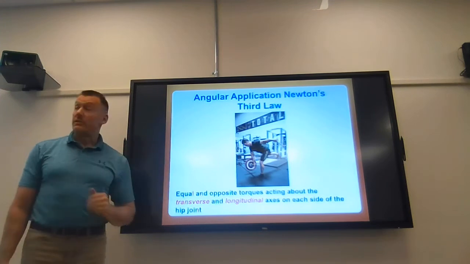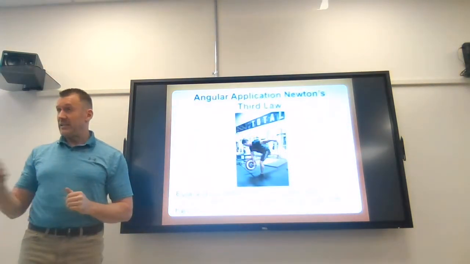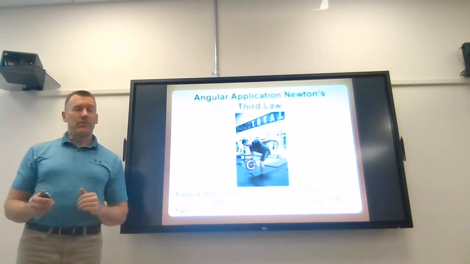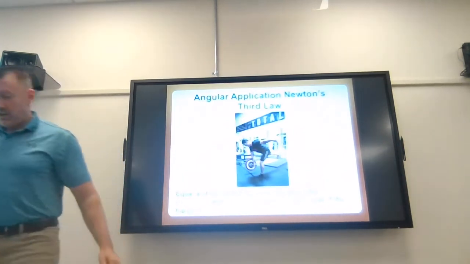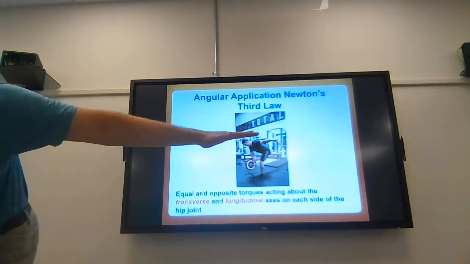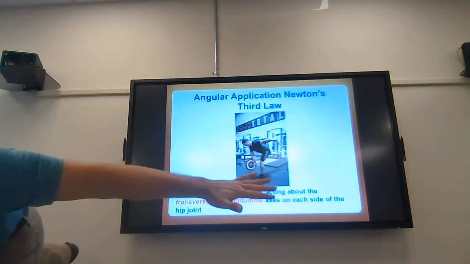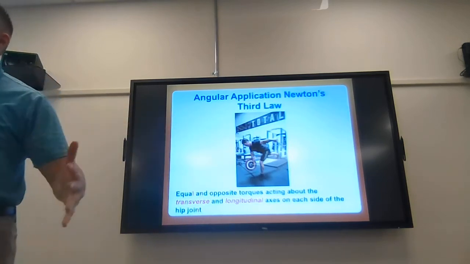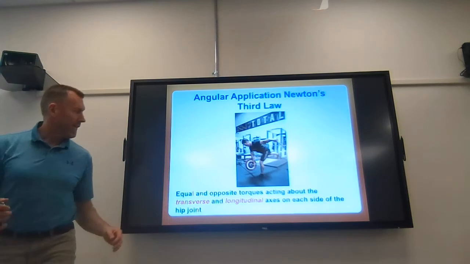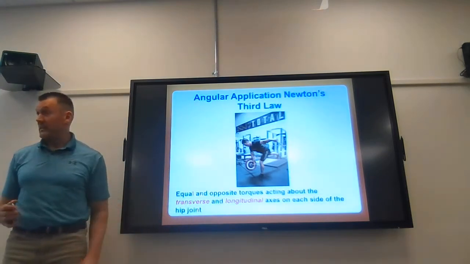So there's a couple of different torques that are applied. There's an anterior-posterior torque. So that would be through the sagittal axis. So there's going to be a tendency for the body to want to tip in this direction. So that would be the sagittal plane. What was the axis for the sagittal plane? The transverse axis.